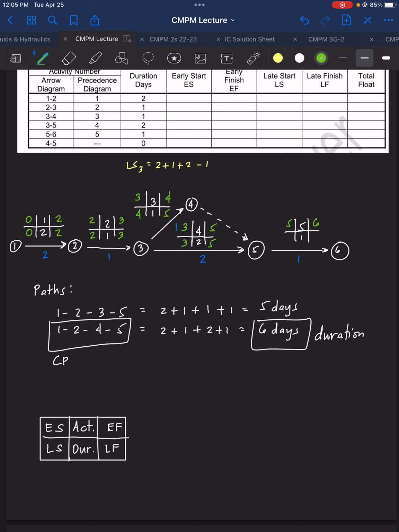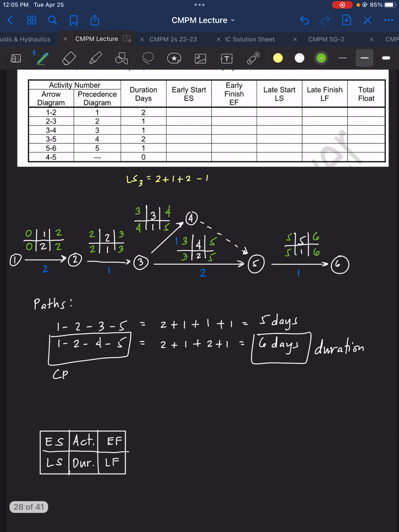And then notice that for the late start of activity 5, you cannot move this anywhere anymore, right? You cannot move this activity 5 anywhere. Therefore, late start is the same with the early start, and the late finish is the same as the early finish. So we were able to complete our requirement now.